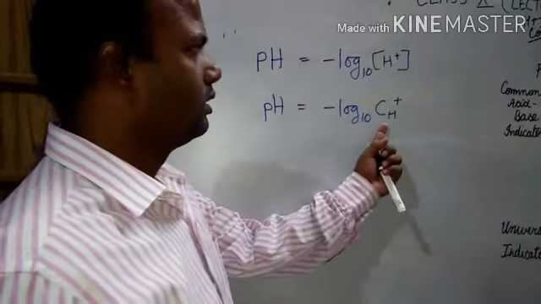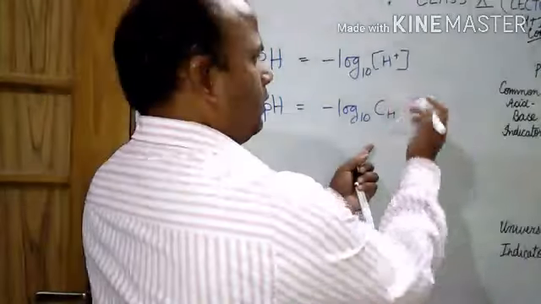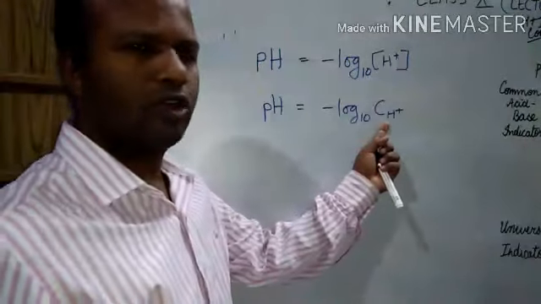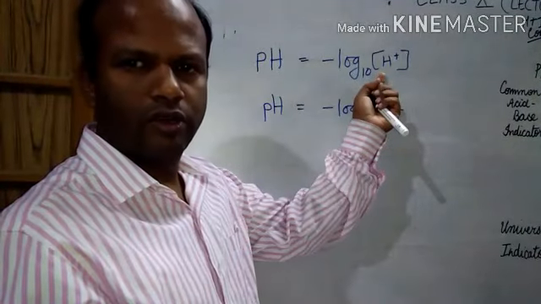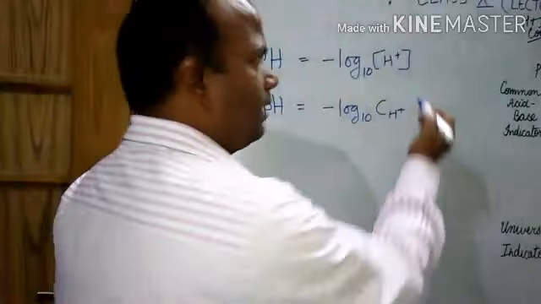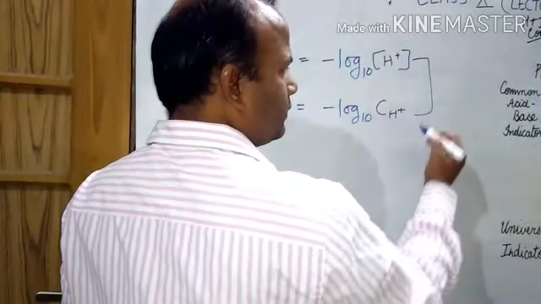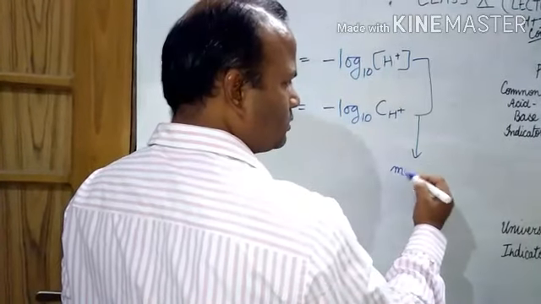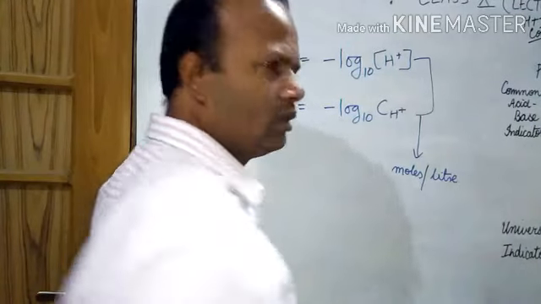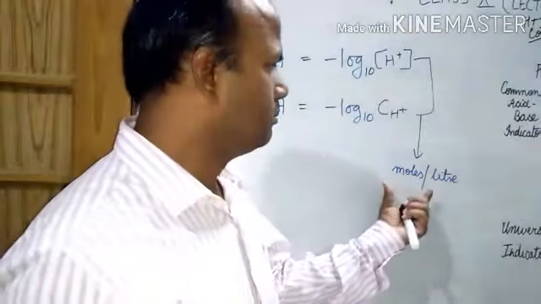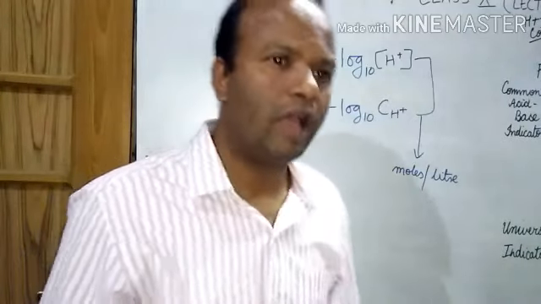Here, C represents concentration, as I told you just now, and these square brackets also represent the concentration, and these concentrations are in moles per liter. Mole you will study later.